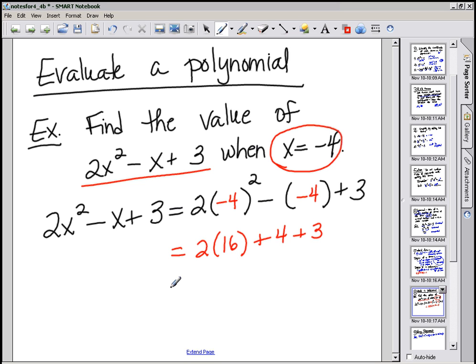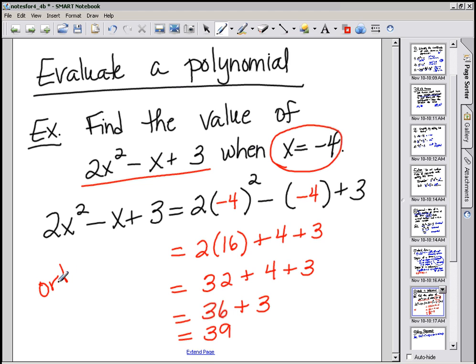So 2 times 16 is 32 plus 4 plus 3. So then from left to right, 32 plus 4 is 36, plus 3 is 39. Okay, so the real trick here is when you have negatives that you're plugging in, you just want to worry about signs. And the other thing is to remember the order of operations as we simplify.